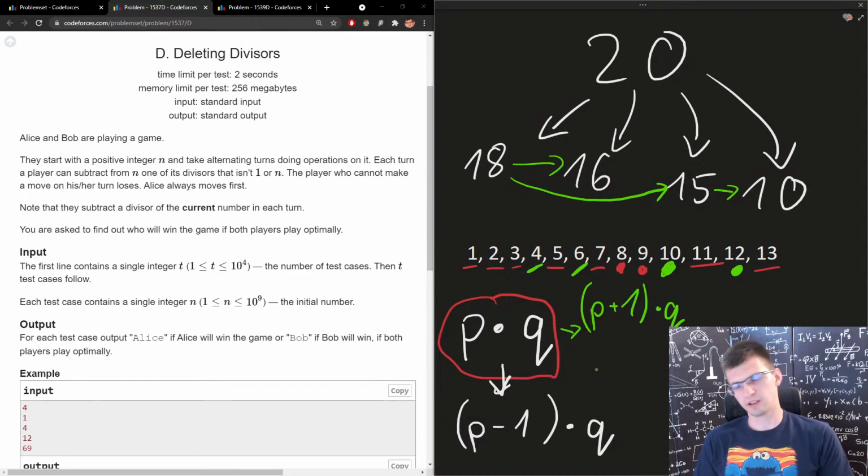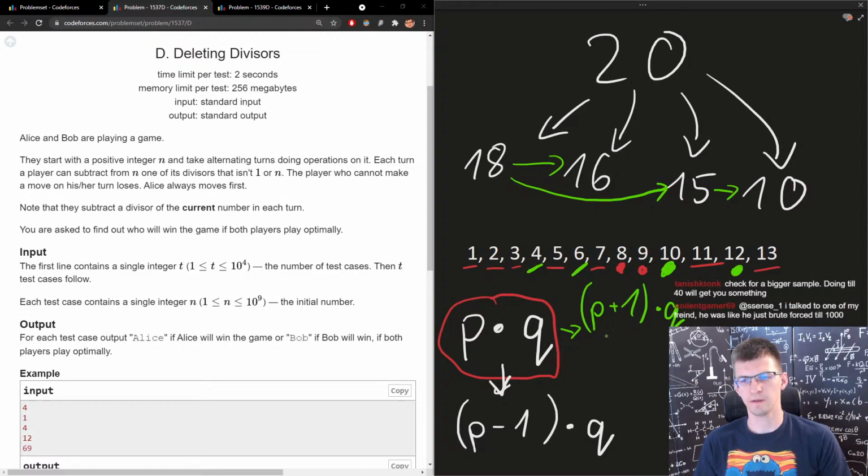Also q plus 1 times p, of course. What about p plus 2 times q? Twice q would need to be a divisor. But if p and q are bigger than 2, then 2q is not a divisor of p plus 2 times q.